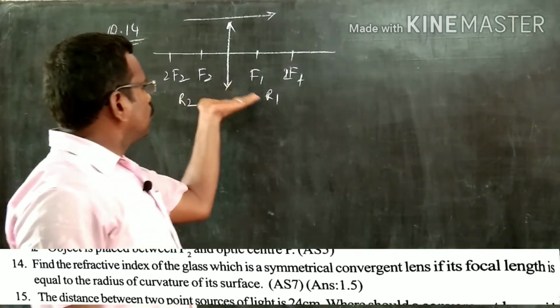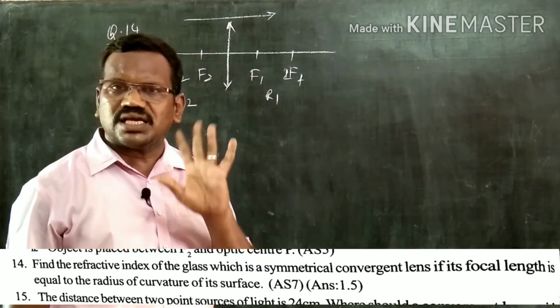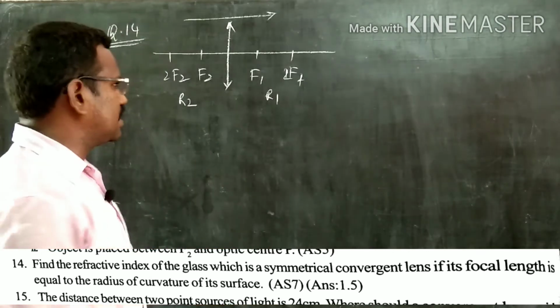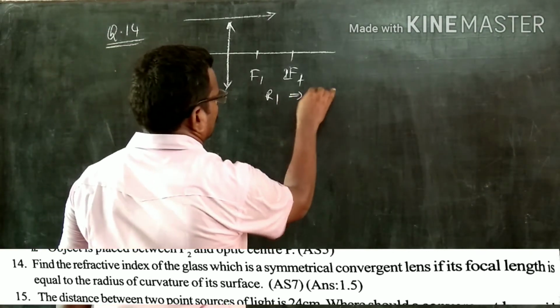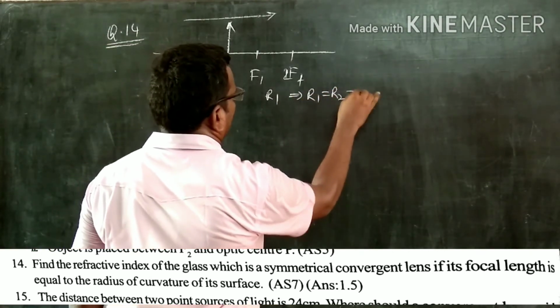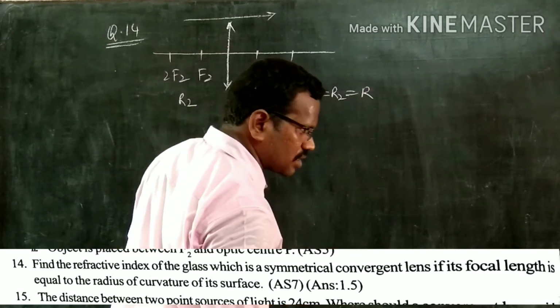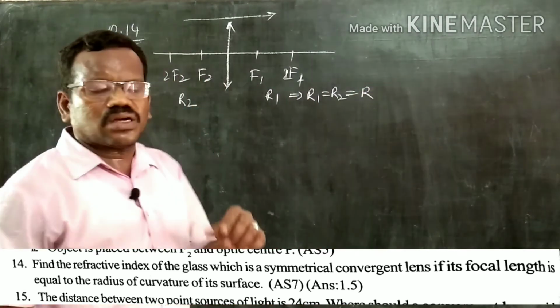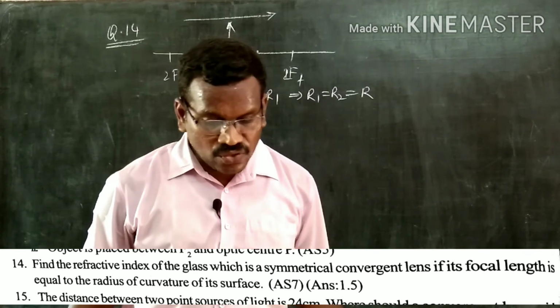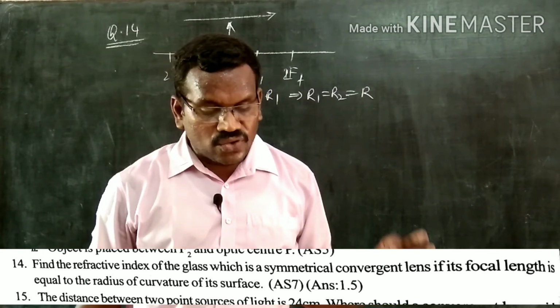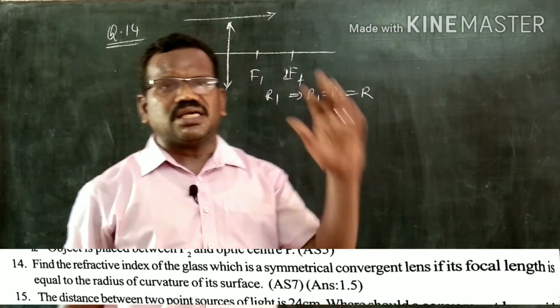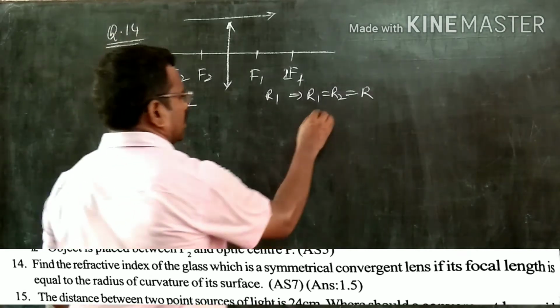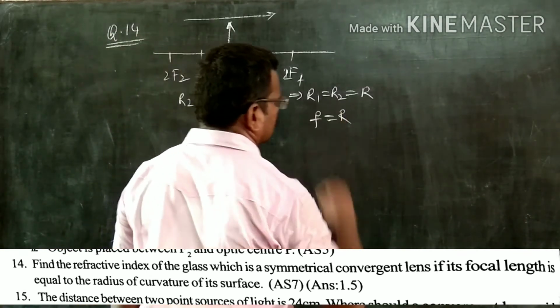Symmetrical means both radii of curvature are equal. That means here R1 is equal to R2 is equal to R. And one more clue is also given: focal length is equal to radius of curvature. That means f is equal to R.